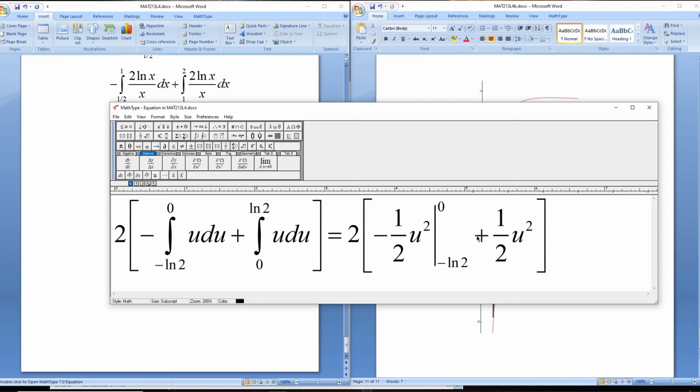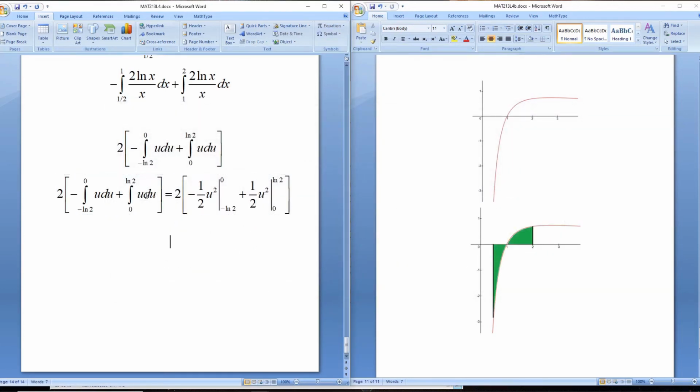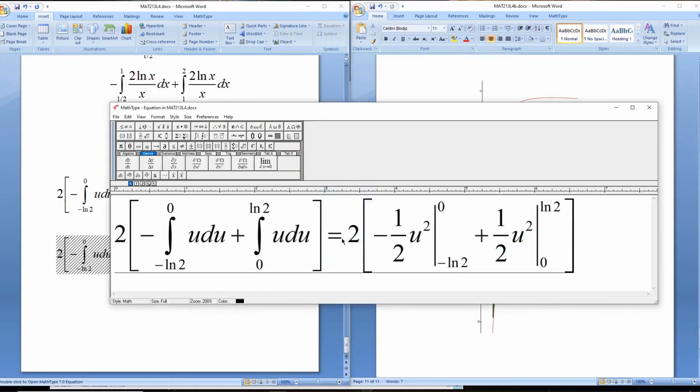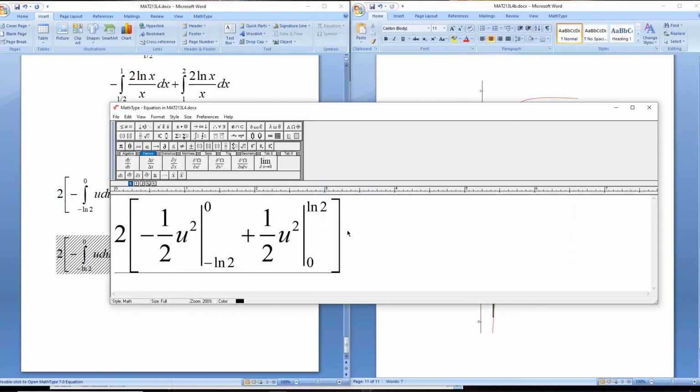And then the second one is going from 0 to log 2. And so there are our antiderivatives there. And now our next step will be to do then the fundamental theorem of calculus on it.